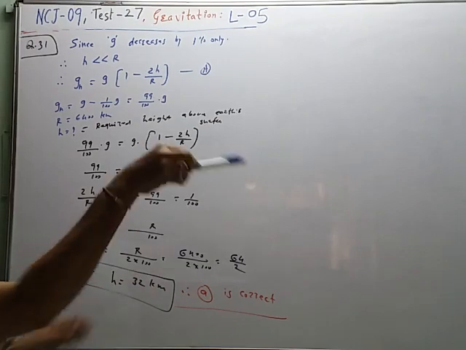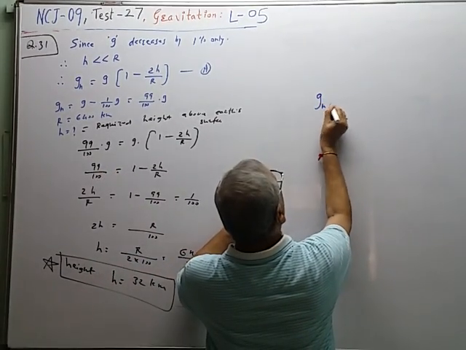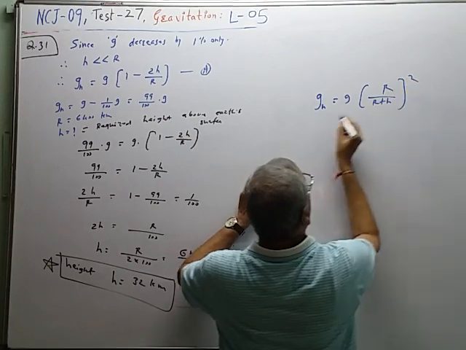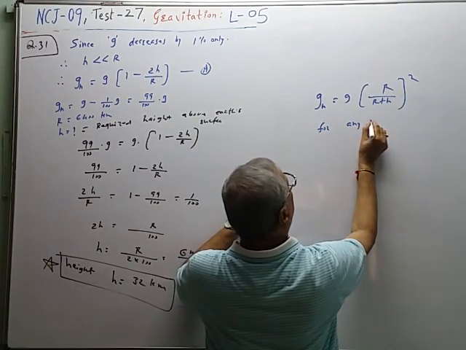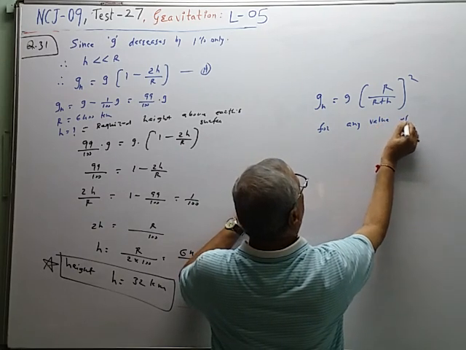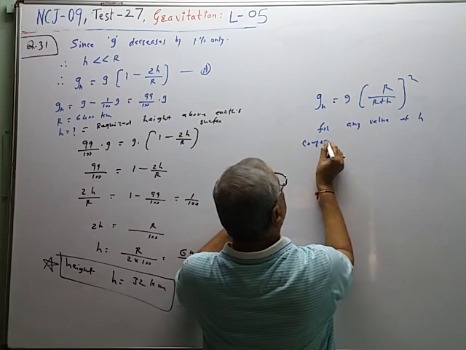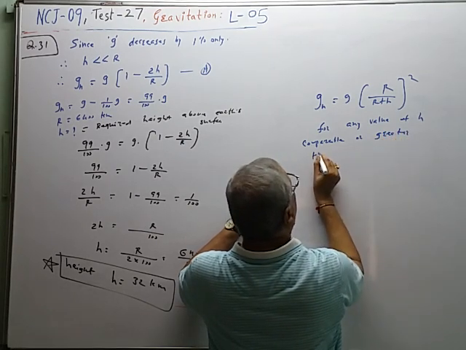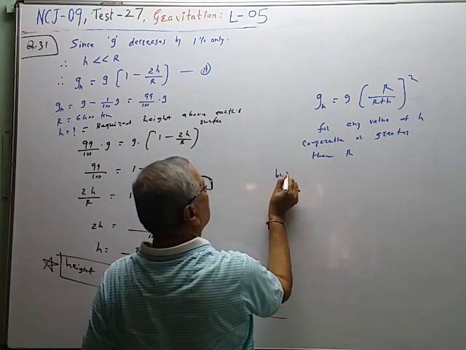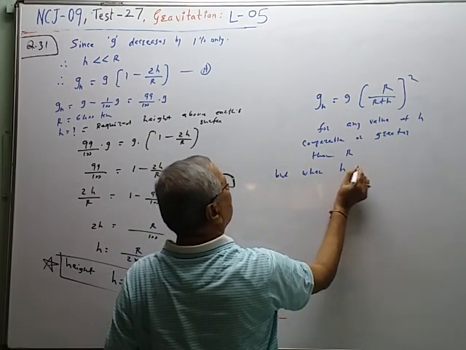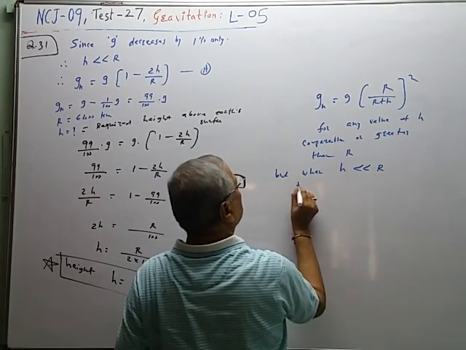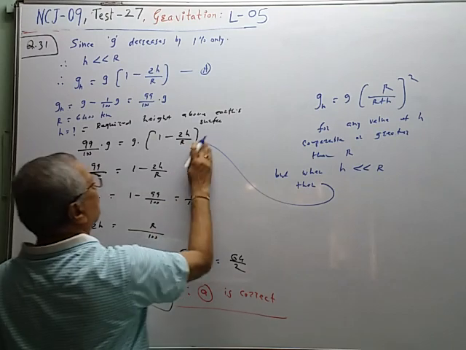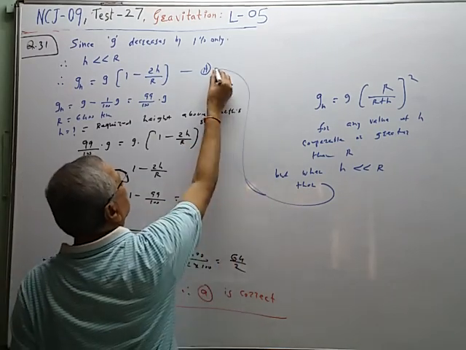Actually, there is one more formula: g_h is equal to g into bracket R upon R plus h bracket square, for any value of h comparable to or greater than R. But when h is negligibly small compared to R, then we have to use this relation.